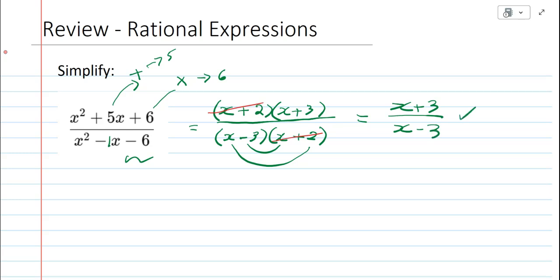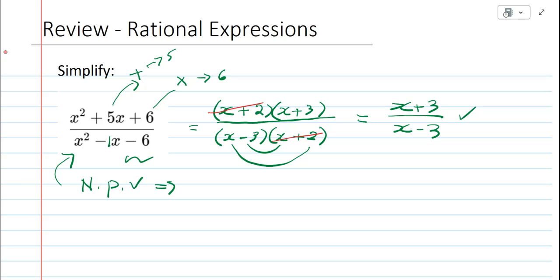So that's that, okay? Now, while we were at it, what are the non-permissible values? So what is the NPV? Non-permissible values. We have to go back to the original expression and factor it.